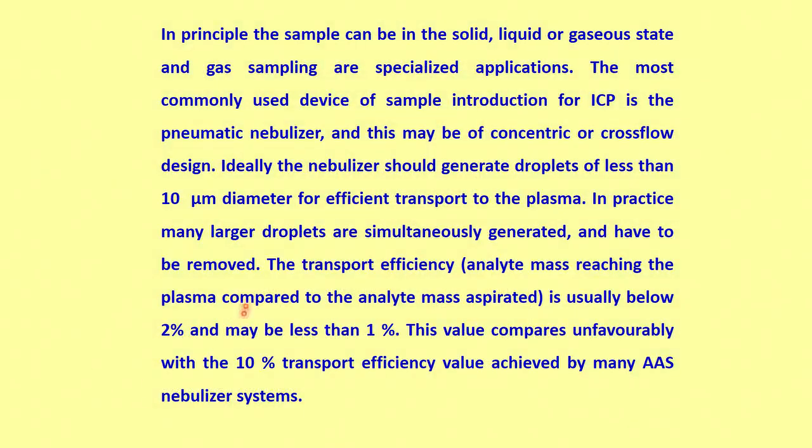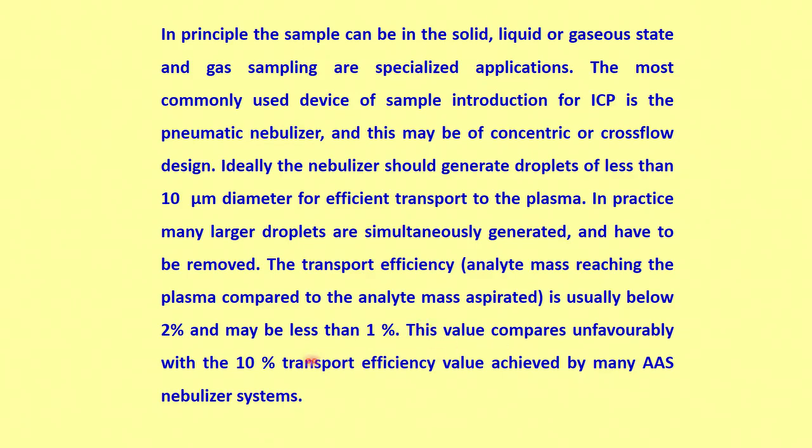So, that is usually below 2%, and sometimes it goes even less than 1% of the total liquid introduced. That means, if you introduce about 100 microliter, only about 1 or 2 microliter gets converted into aerosol.